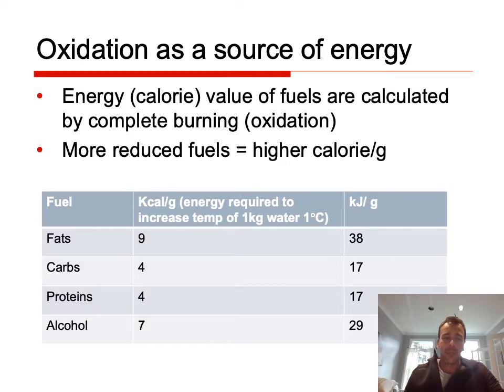For example, as we've talked about in the past, fats are more reduced than carbohydrates and proteins, so they have a higher kcal per gram of molecule. You can also see alcohol has an even higher calorie density than carbohydrates.